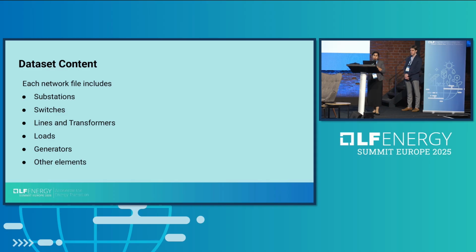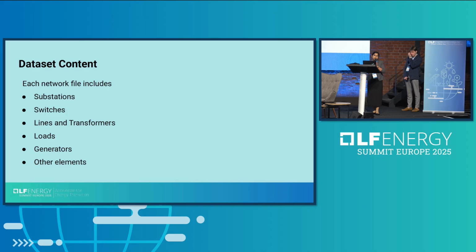So now, what does the dataset consist of? Each network file includes substations. It provides a detailed picture of how the equipment is connected inside the substation. It includes disconnectors and switching devices, providing the location and the connection status.